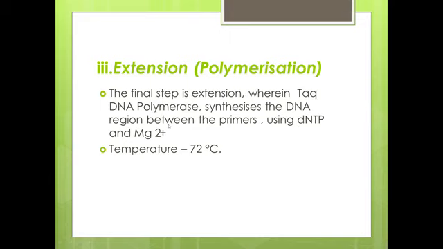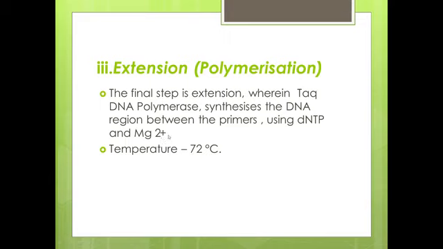An important point to remember here is that this Taq polymerase functions only in the presence of, it is dependent upon, magnesium dipositive ions for its optimum activity.